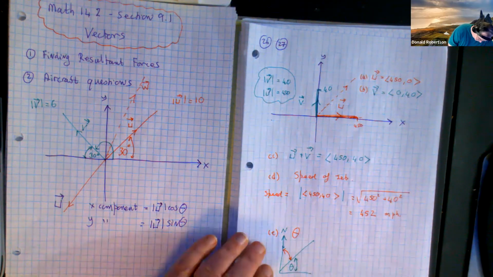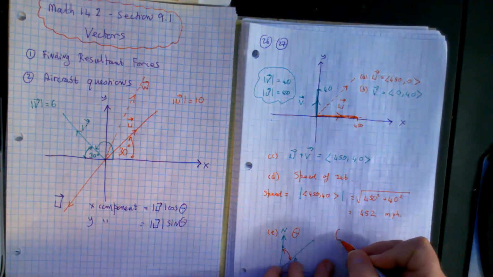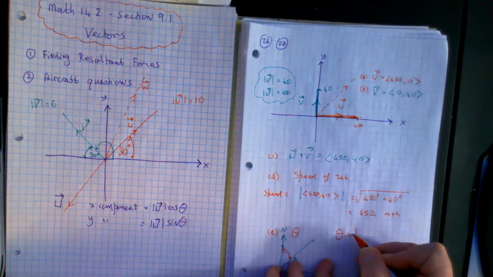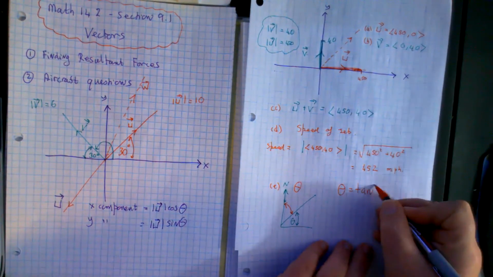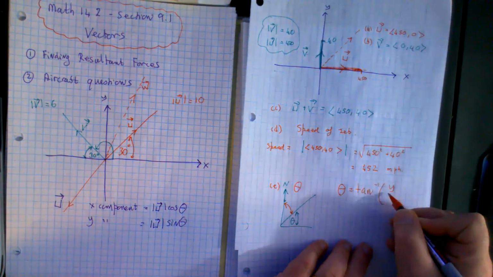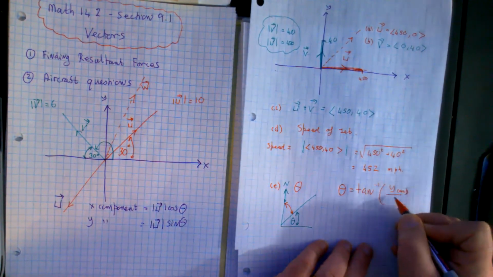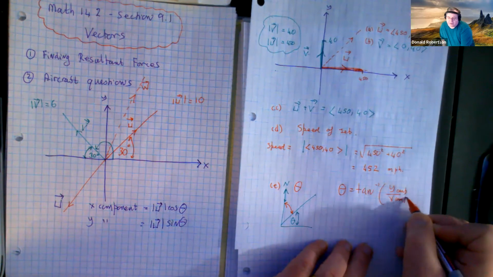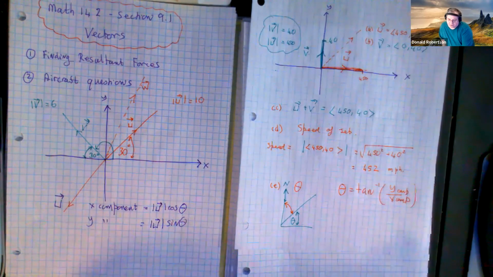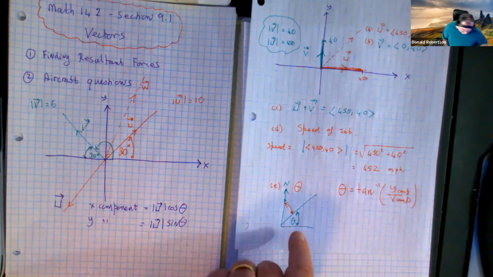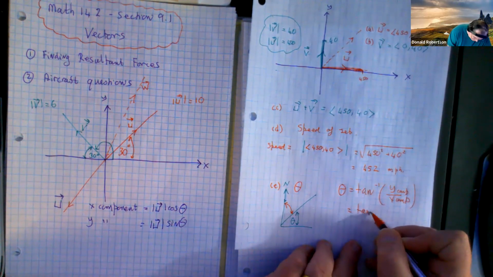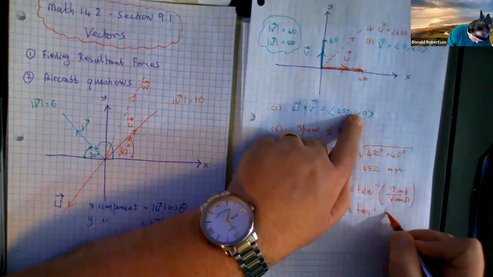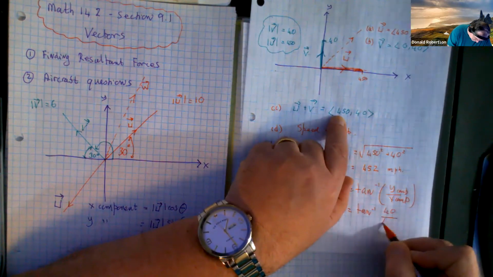So to remind you how you find the angle. Can you move your paper up a little bit? There we go. The formula for calculating the angle that a vector makes with the x-axis, the guy we call theta, is the inverse tan of the y component divided by the x component.